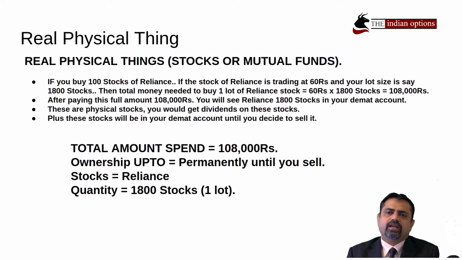In this real physical thing, when you want to purchase, you need to have the whole 1,08,000 rupees to pay upfront, and then you get that amount in stocks in your account. You have to have the full money, otherwise you won't be able to purchase, right? So this is a really very important thing.